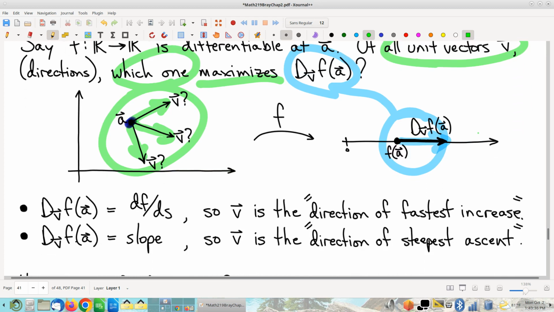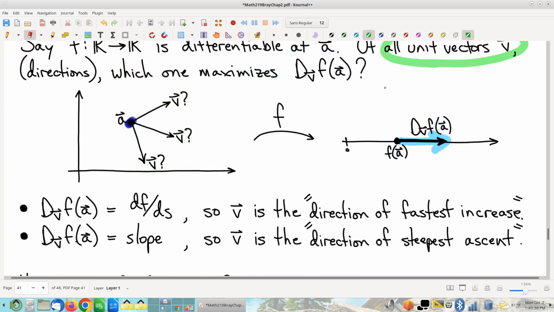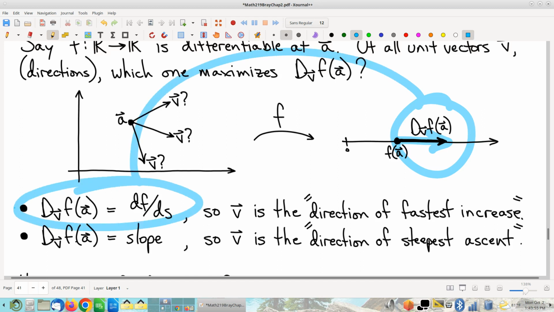So now I want to talk about how we would describe the answer to this question before we actually answer it. And let's talk again about what it is that we're trying to maximize. We're trying to maximize this directional derivative, and among other interpretations we have for the directional derivative, it's how fast the function is changing per unit distance.